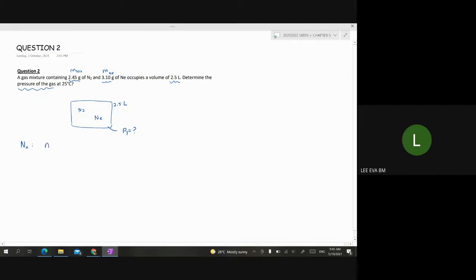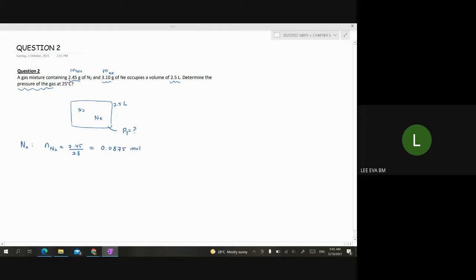So we find the number of moles of N2 first. 2.45 divided by 28. Molar mass of N2, 2 times 14, gives you 28. So in this case, the number of moles of our nitrogen gas is 0.0875. Make sure you get the answer. Calculate.